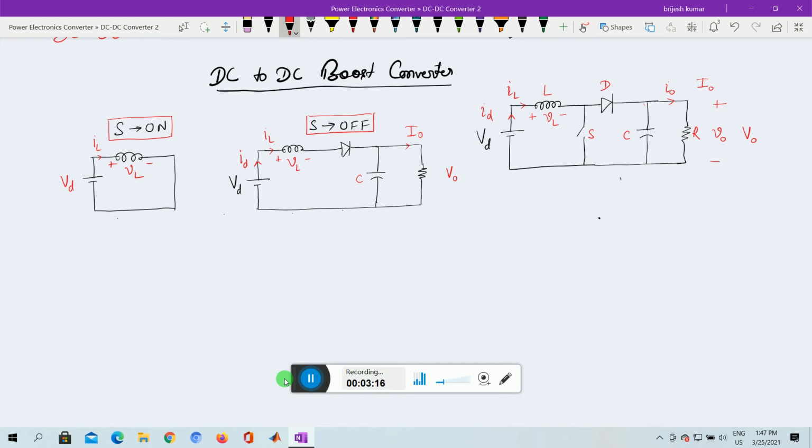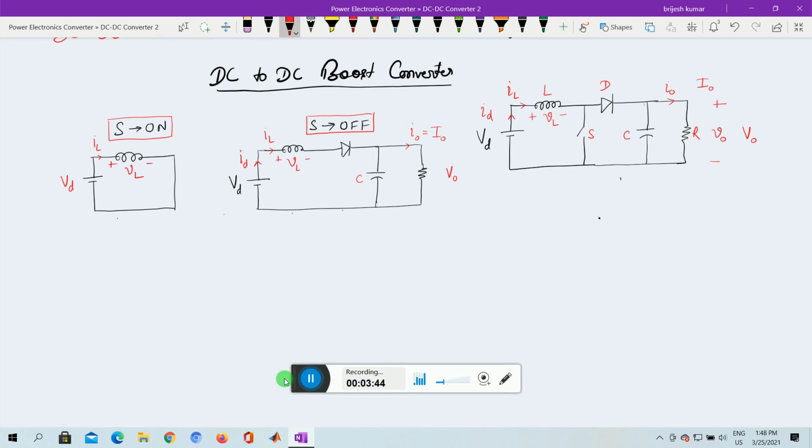The assumption here is that the voltage V0 is constant and the current can be unidirectional rather than a straight line. If V0 is assumed to be constant and the load is resistive, then this I0 will equal capital I0.